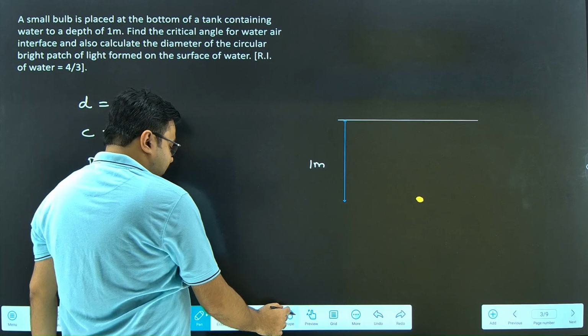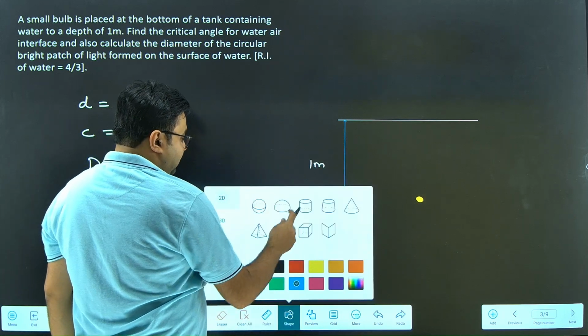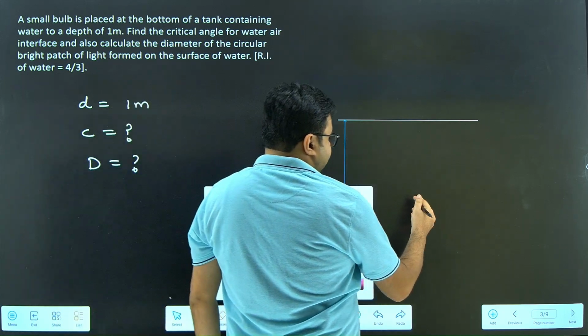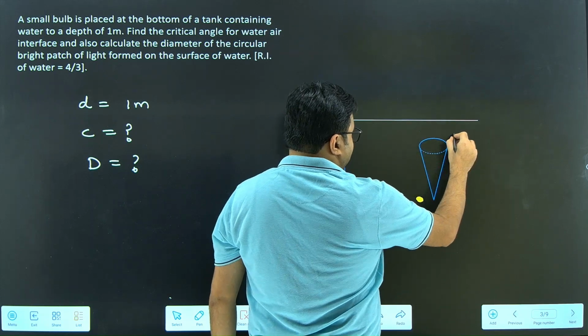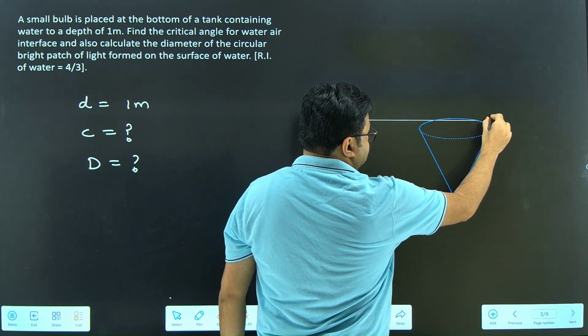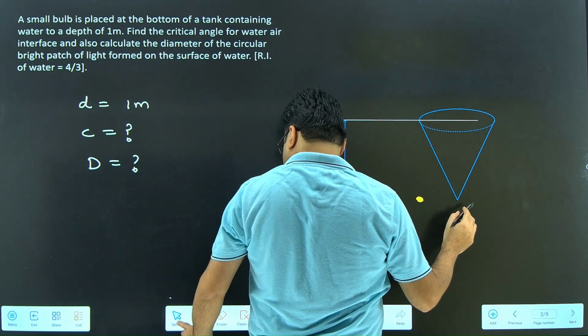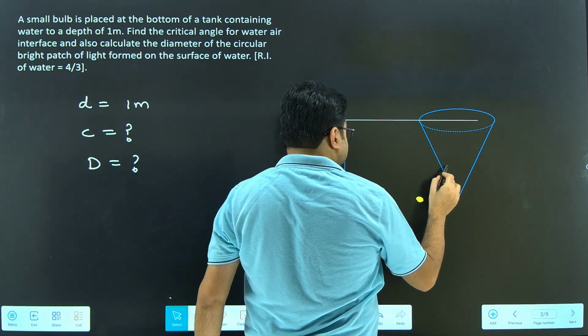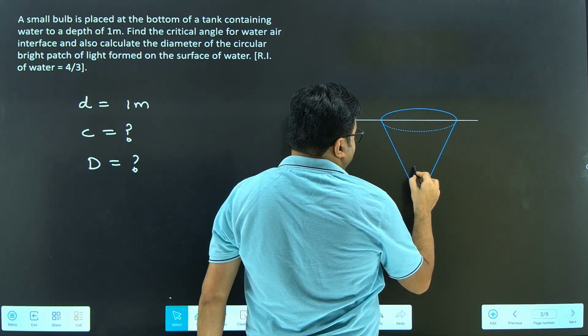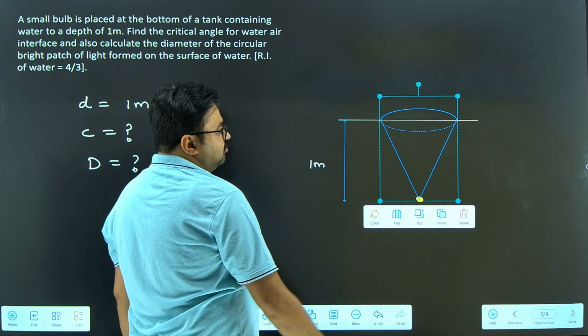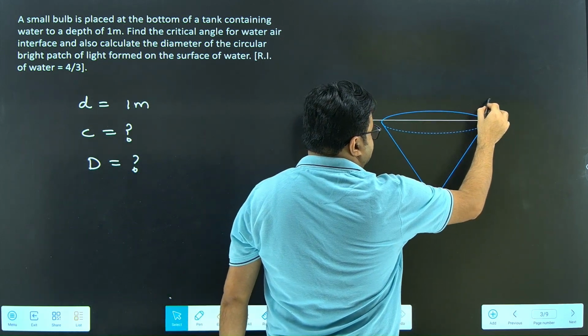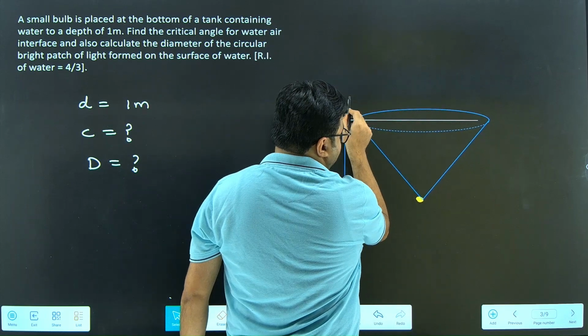So let us imagine that there is a cone of light that goes out. So there is a cone, right, of light that goes out, something of this sort. I will imagine this starting from here. So that's a cone of light that simply goes out. We can make it look a little bigger. That'd be quite convenient.